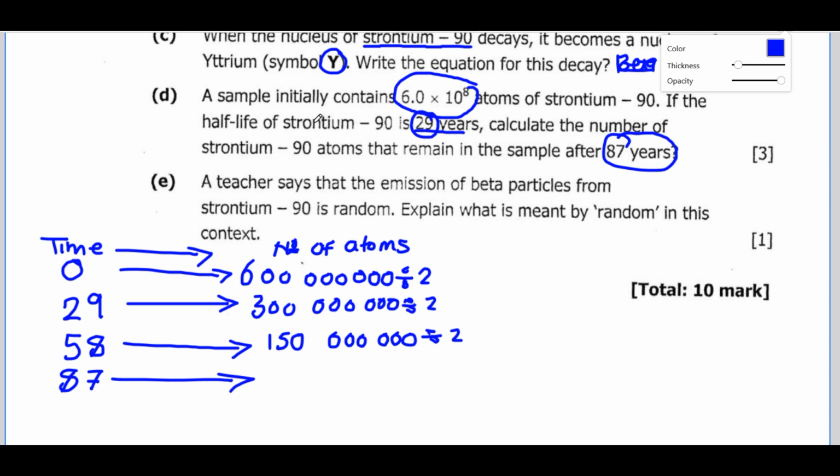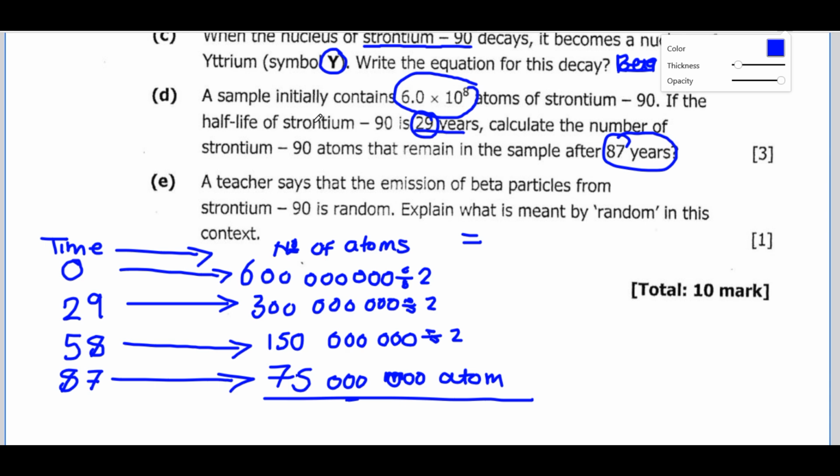The last part is we just have to divide by 2. So 150 million atoms divided by 2, I'm going to get 75 million atoms. Which simply means that after 87 years, 75 million atoms of strontium remained.